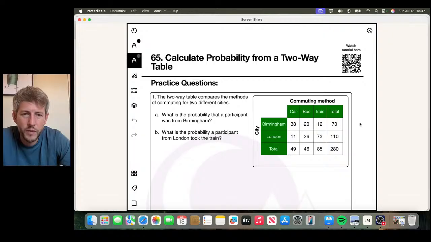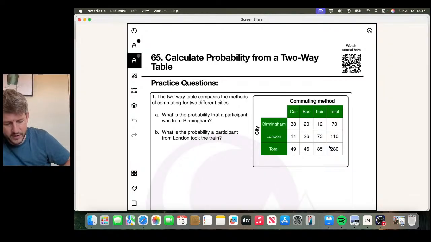We've got commuting method on the top, so car, bus, train. We've got city on the side, Birmingham and London. The question says, what is the probability that a participant was from Birmingham? I can see here that there's 20 people from Birmingham, and altogether there were 280 people on the table.